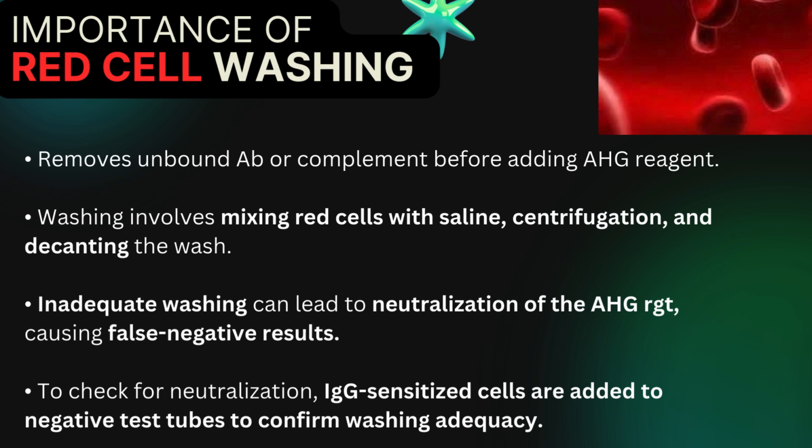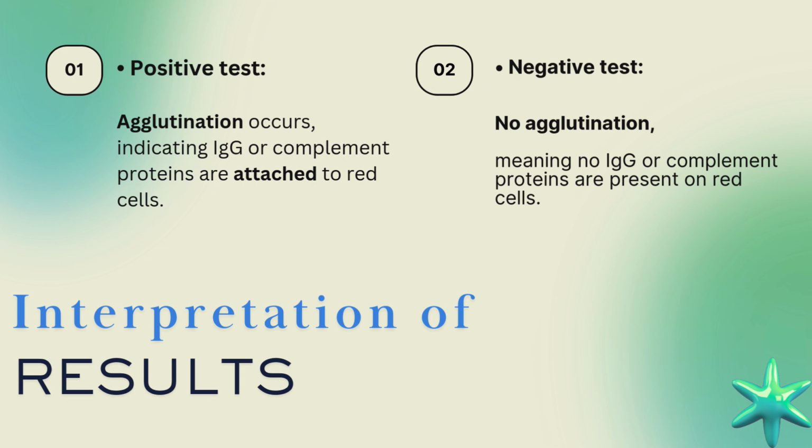So here is the interpretation of results, focusing on the significance of both negative and positive outcomes. Let's start with the negative test. A negative test is where no agglutination occurs. This tells us that neither IgG antibodies nor complement proteins are present on the red cells.